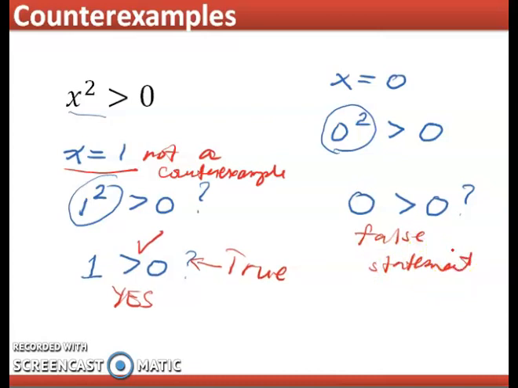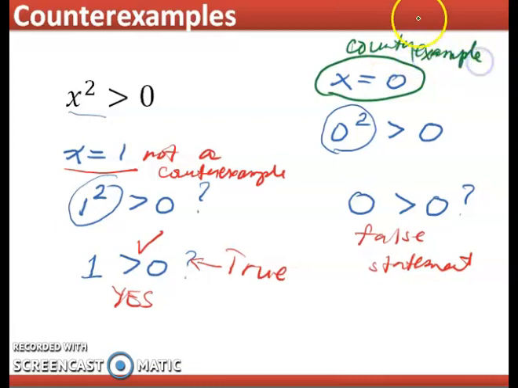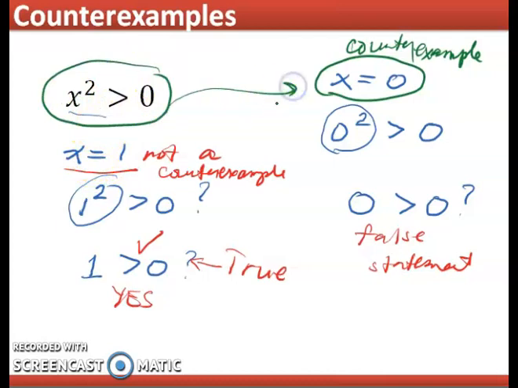It cannot be greater than itself. Therefore, the value x equal to 0 here is a counterexample. So we have a counterexample. Therefore, this statement is false when x is equal to 0.